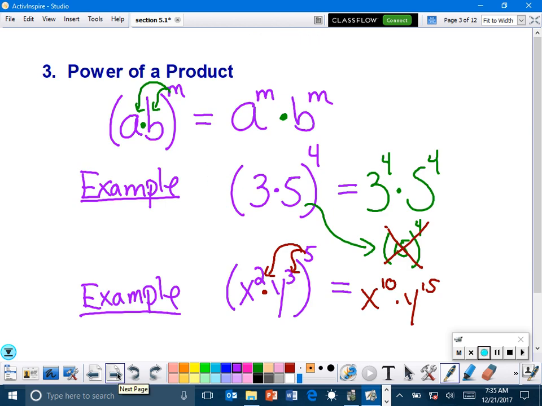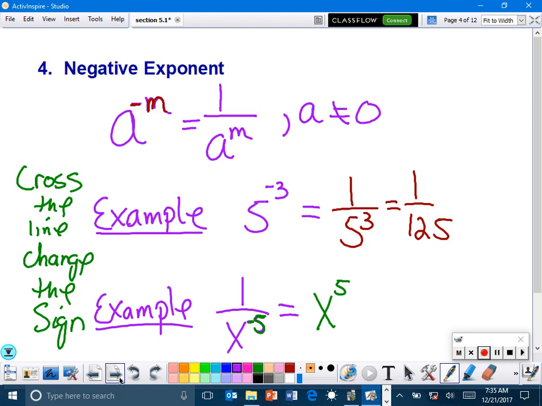Power of a product, we've got two bases with a times sign in between. That exponent goes to all the bases. And if there's exponents, like down here, x squared, y to the third, we multiply the exponents together. So 5 times 2, and then the 5 times 3. Negative exponents. Remember, never leave a negative exponent.